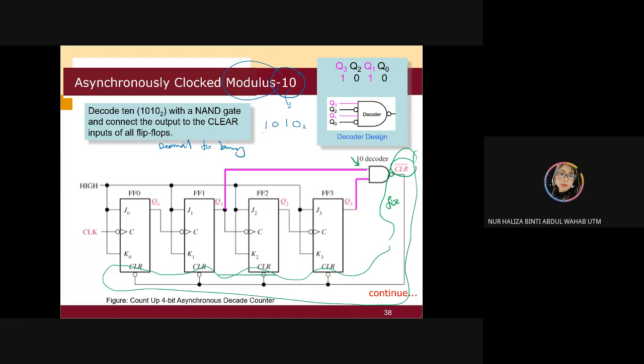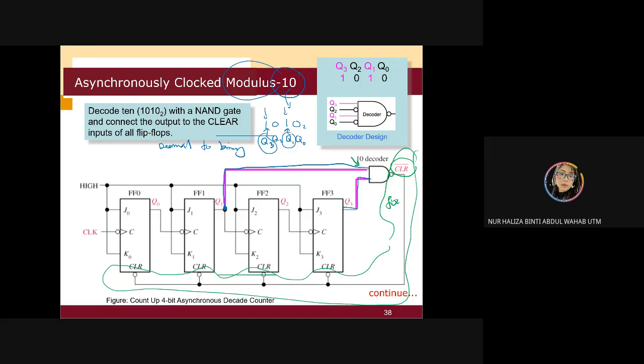And if you still remember your SOP, POS, Boolean expressions, when you have a 1, then you have the connections. So you can see here, this will be your Q0, Q1, Q2, Q3. My Q3 is connected. My Q1 is connected. That's why I can connect here with my Q1, and the other one is Q3.